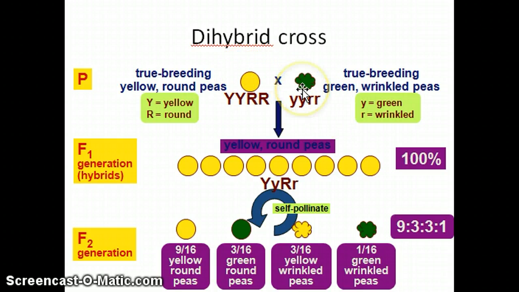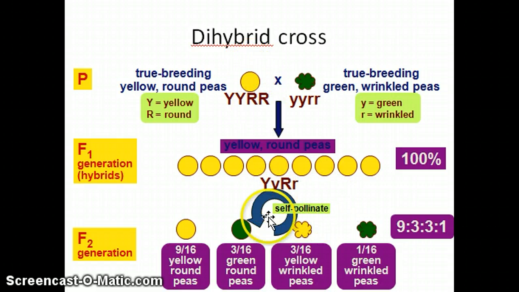So in crossing those, again, what we're going to end up with when we have true breeding parents, our F1 generation is going to be all hybrid. It's going to be all heterozygous, which will then show all of the dominant traits.